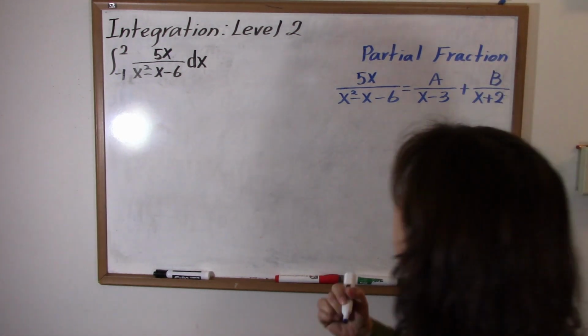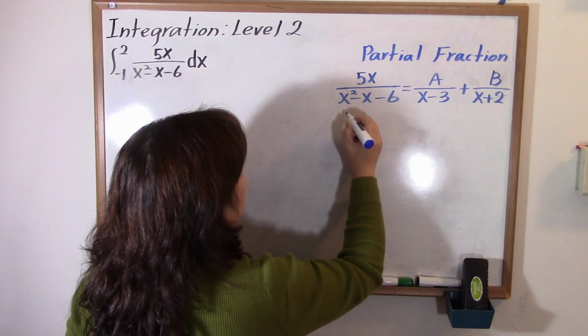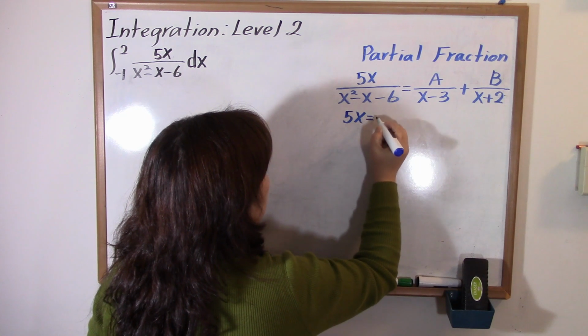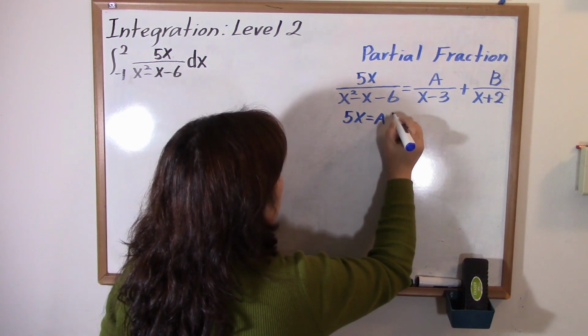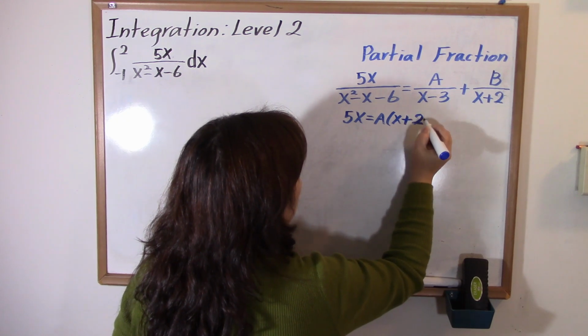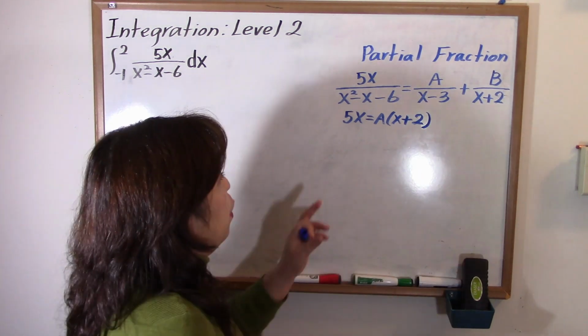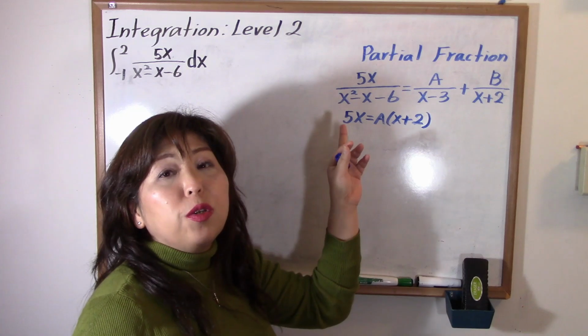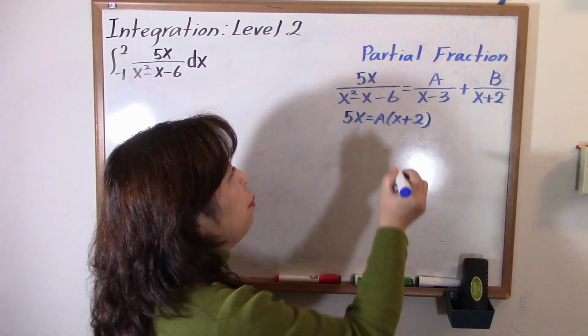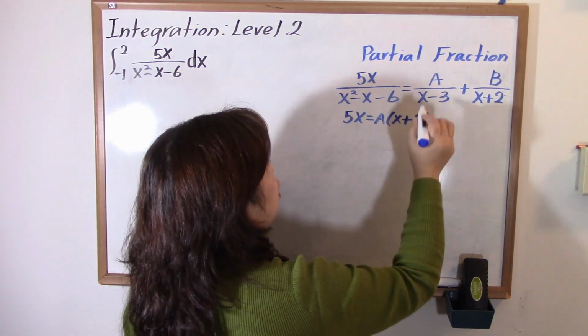So let's do it. First of all, we have 5x is equal to A times x plus 2. Because the original denominator is x squared minus x minus 6, we have to multiply A and x plus 2.